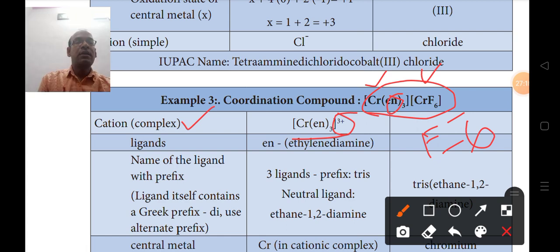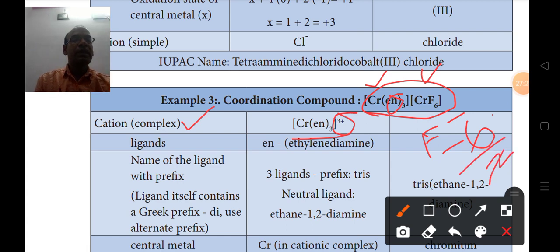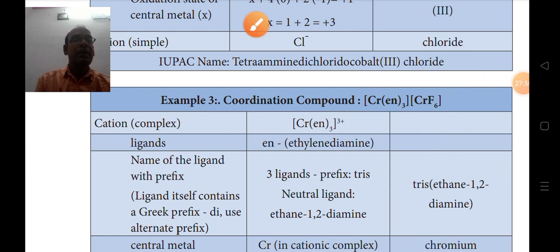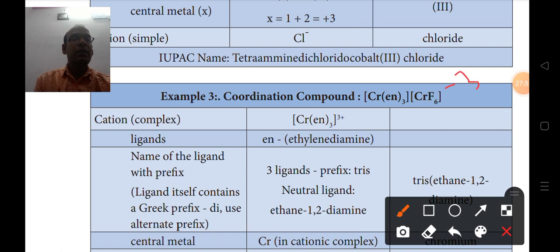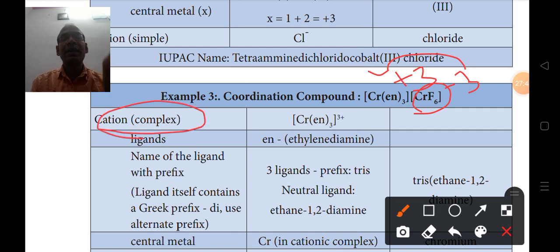Therefore, divide by 2, we get minus 3 for this complex, the anionic part. For balancing, minus 3 is on the anionic complex, and this comes as plus 3 on the complex ion, therefore this is the cationic complex plus 3.